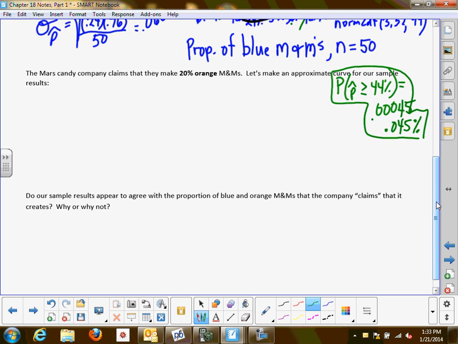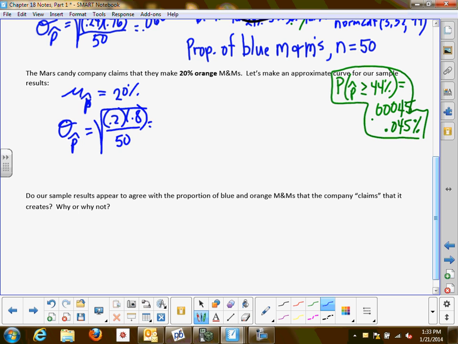Real quickly, let's see how many of you guys had outlier orange proportions. So what is the mean for the sampling distribution for the orange? Okay, 20%. With what standard deviation? The standard deviation for the sampling distribution should be square root of 0.2 times 0.8 over 50.